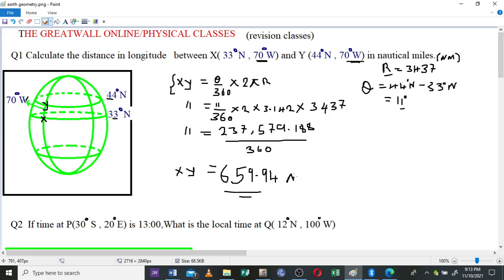That's nautical miles. Alright, so this is how we solve the distance. We calculate the distance along the longitude. To calculate the distance along the latitude, maybe I can just help you with the formula, right? So along the latitude, I'll just put L to mean distance along the latitude. Well, the first part is still the same, right?